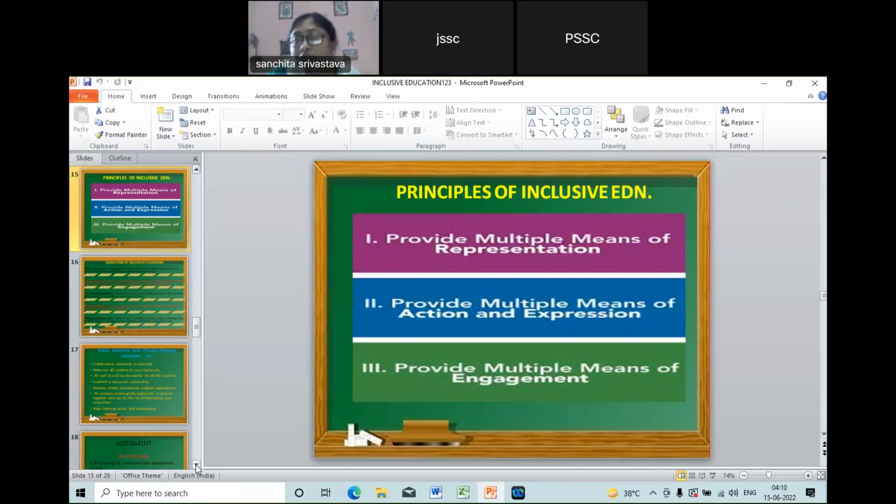See, we have to provide multiple means of representation, because if you are simply writing on the blackboard or giving a lecture, many of the children may not react to what you are saying. So the learning outcome will go down. Then multiple means of action and expression, you have to give them that. And multiple means of engagement.